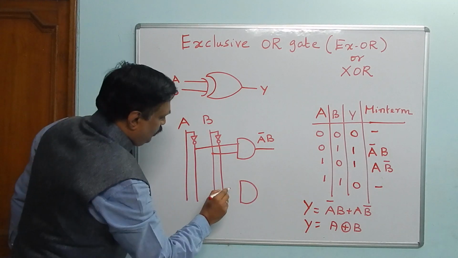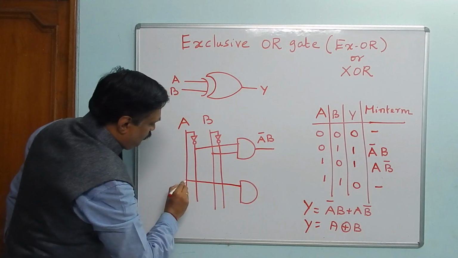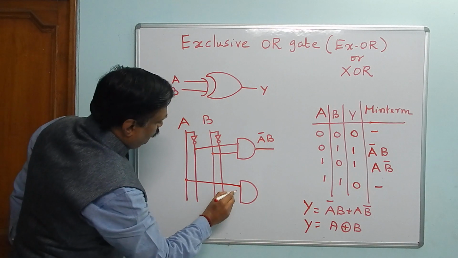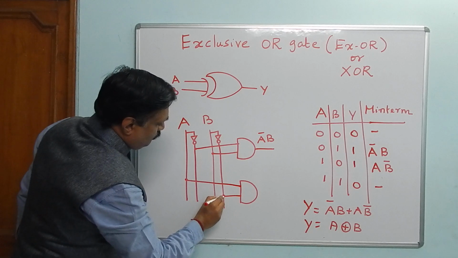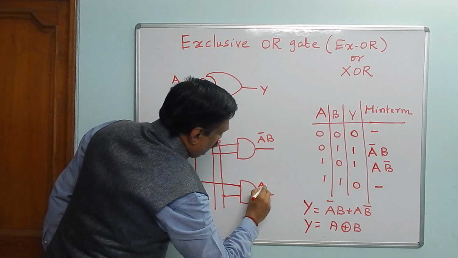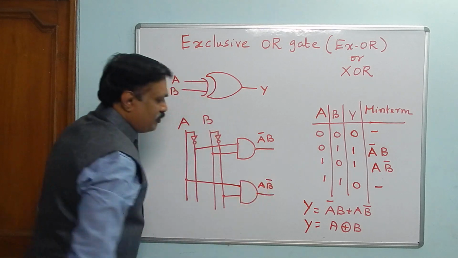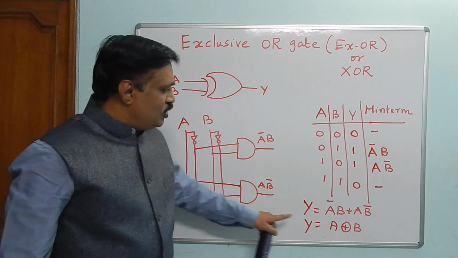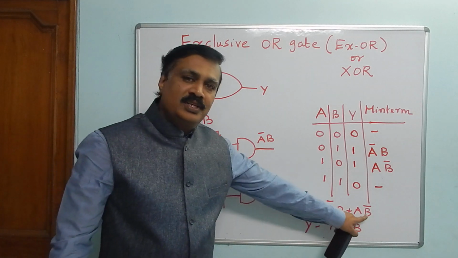Now A B bar, that means here A comes and here B bar comes. Now you have A B bar. Now we have designed two AND gates for these two products.